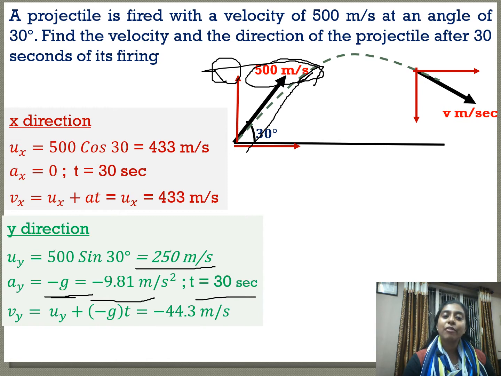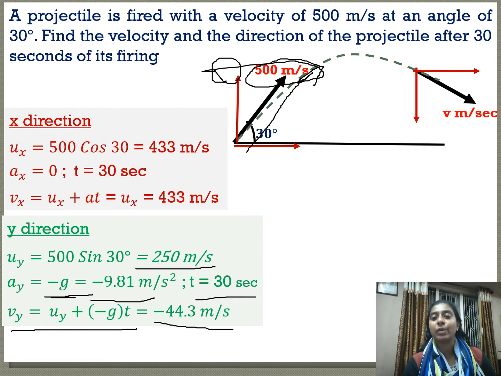So the velocity after 30 seconds in the y direction, that is the y component, vy is equal to uy plus at. a is minus g here. So we get minus 44.3 meter per second. That means the velocity component in the y direction will be downward.